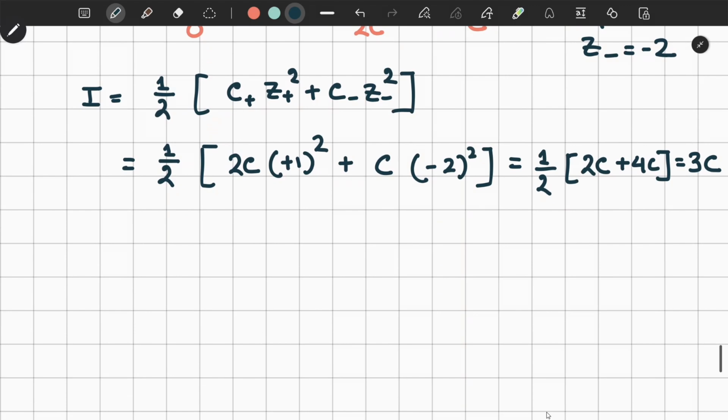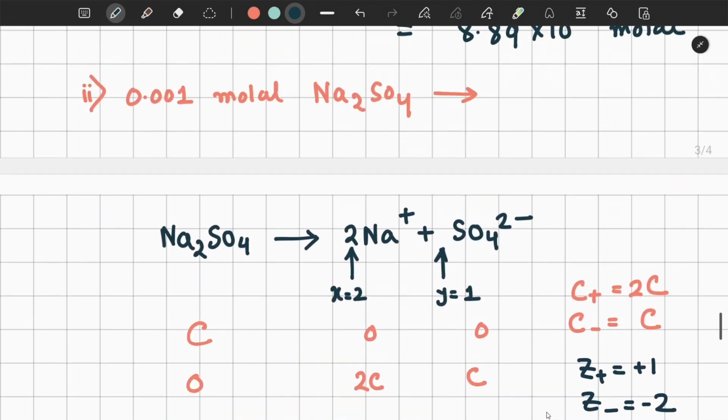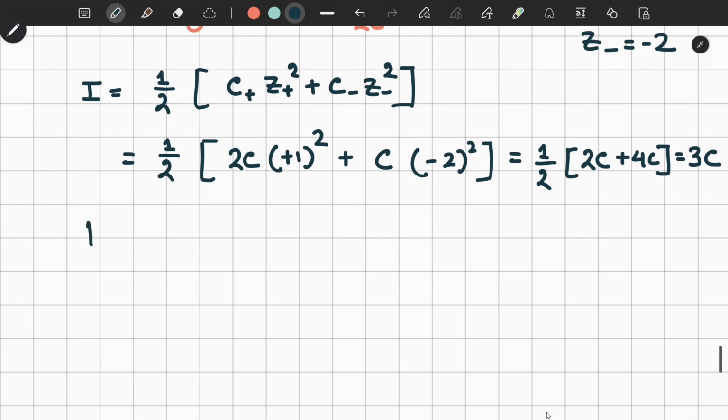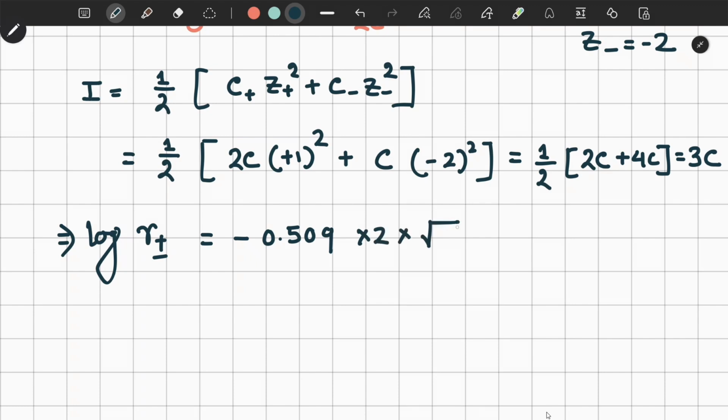And C is 0.001; we will put it later, but continue as C. So log gamma plus minus will be minus 0.509, Z plus Z minus, so it will be 2, and root over I, that is 0.003.